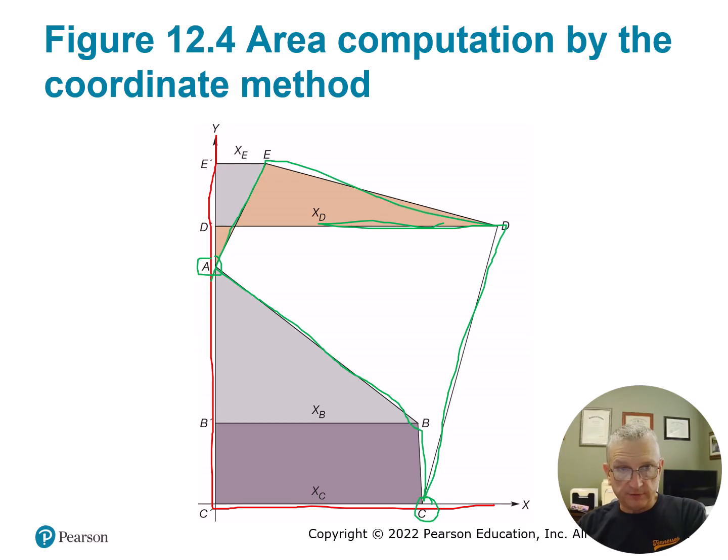You can also use that to very easily compute the area between D prime, D, C, C prime back to D prime. And then you would compute this brown area here between A and D prime over to the AD line, subtract that off. You can compute the area, because then you've got B prime pretty easily defined by just taking the y or north value for B and carrying it over here to the same x or east value of C prime, which is A, and you've got a triangle.